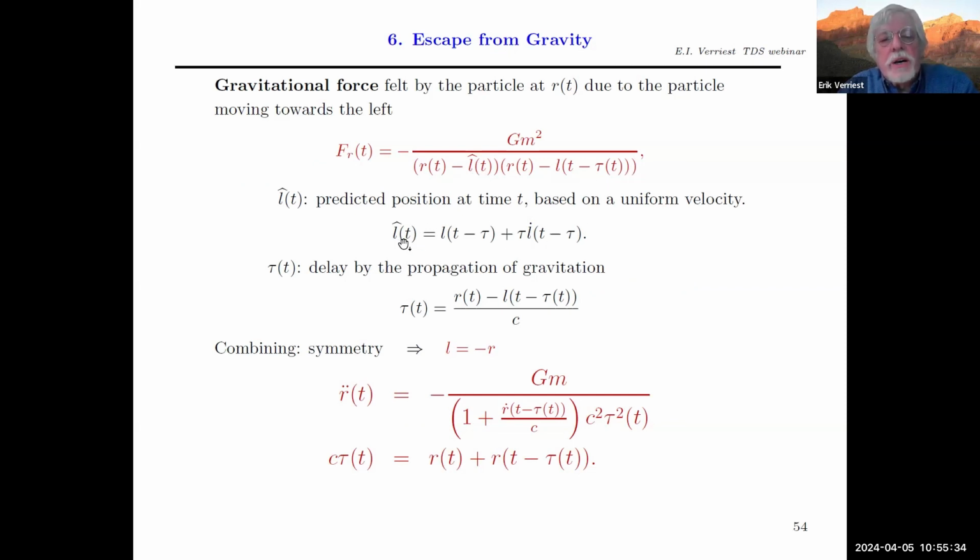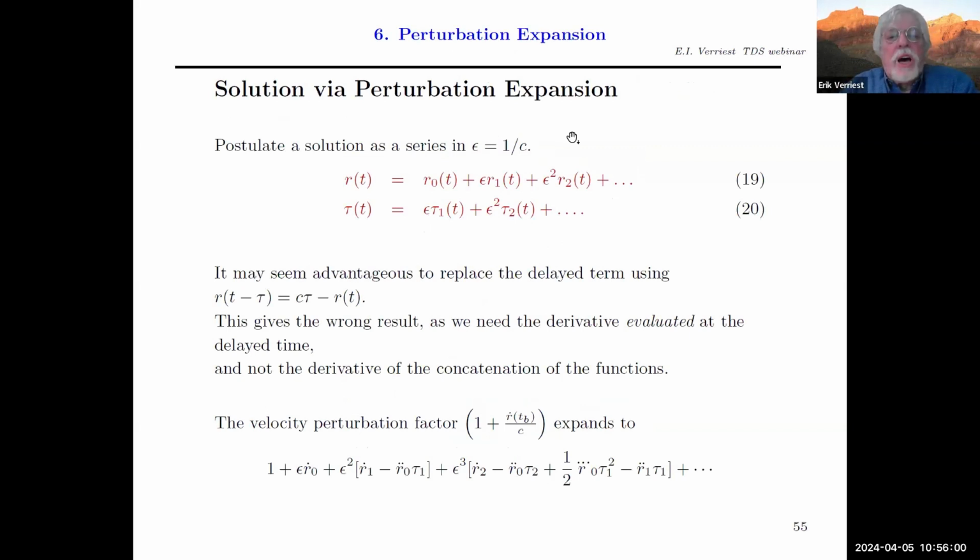This is the definition of the predicted position, but here is the relation of the propagation of gravitation, the implicit state-dependent delay. You combine the equations to this form, and we get this second order delay differential equation with this relation. I solve it by perturbation expansion.